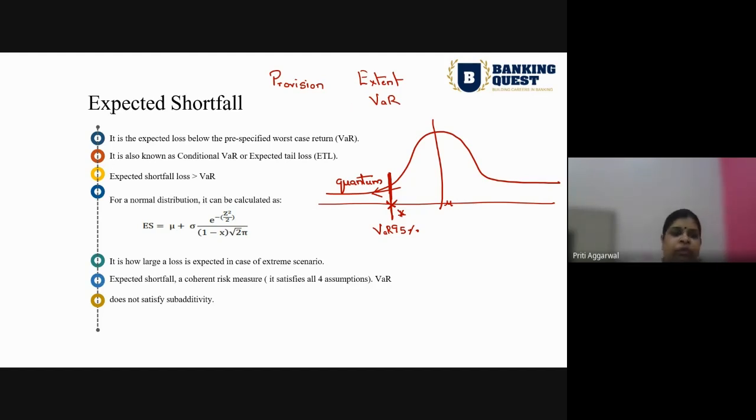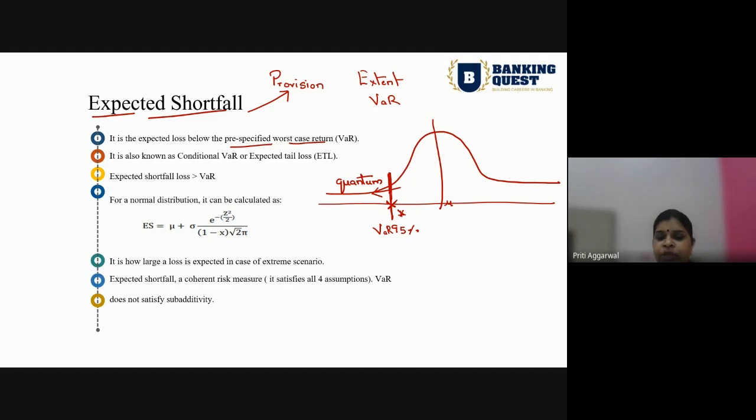There, expected shortfall is the best way of quantifying your risk, or determining your risk levels, so that your provisioning can be done accordingly, right? It is the expected loss beyond the pre-specified worst case return.